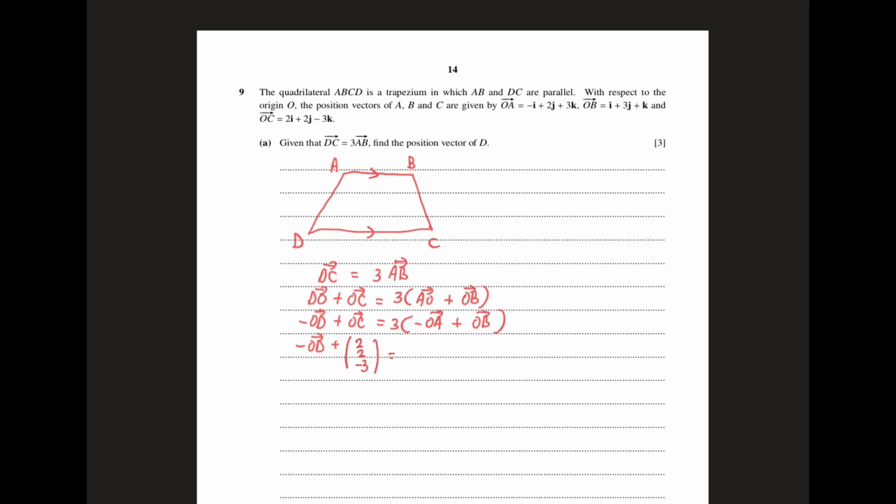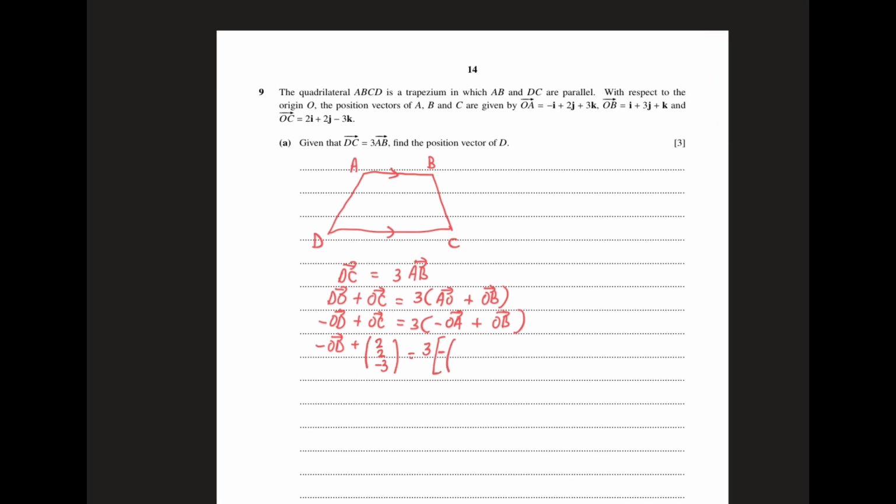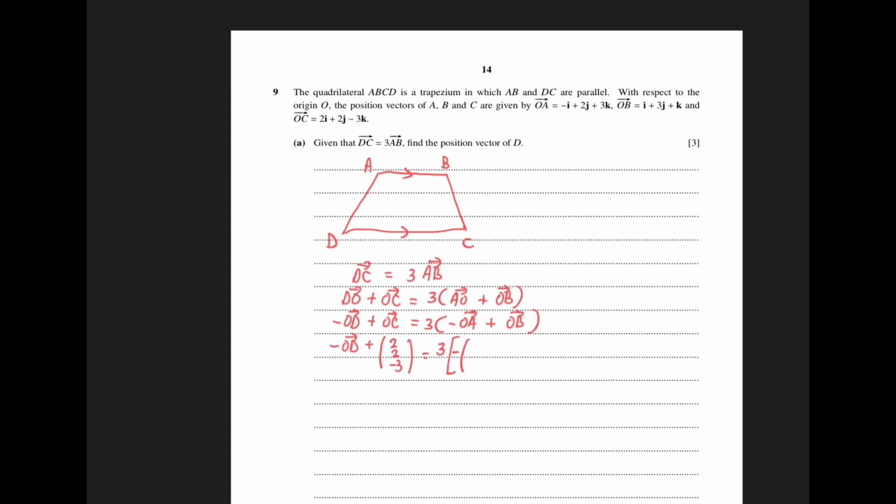If you want to use back 2i plus 2j minus 3k, just go ahead. So 3 times minus OA, minus 1, 2, 3, plus OB. OB I change to a column vector: 1, 3, 1.